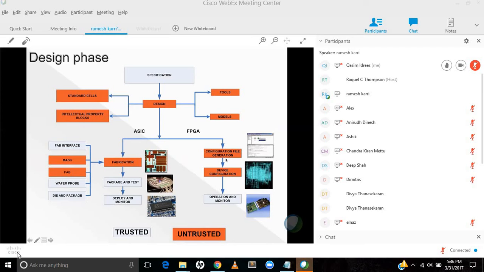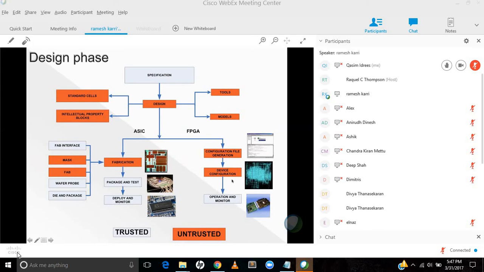These are the two possible things that can go wrong when you go through the FPGA route, at the very least, assuming the design flow level. Tools and IPs are common to both flows. Standard cells are specific to one. Models could be different for both. Some models here, some models here. And you have these attacks here, and you have these attacks here.